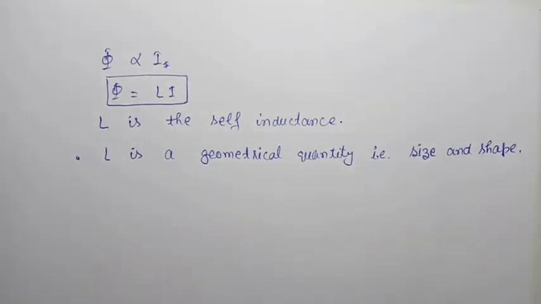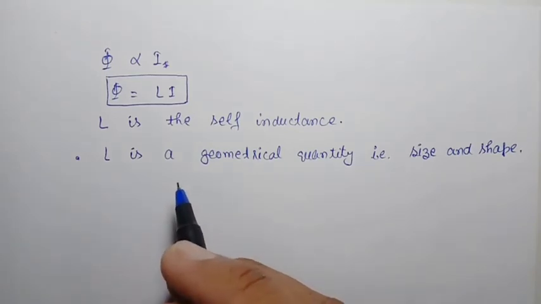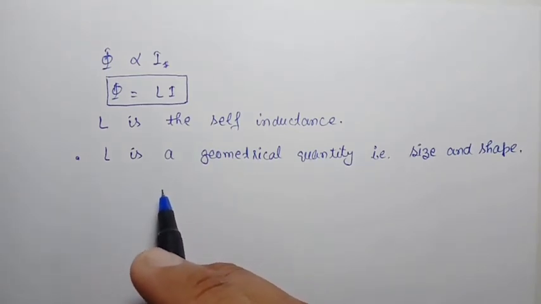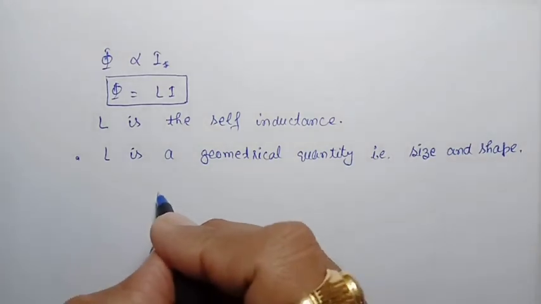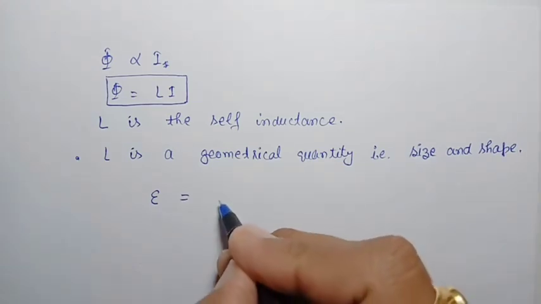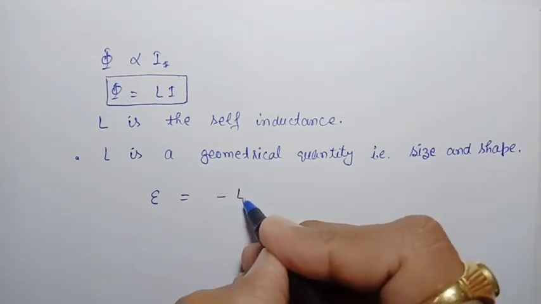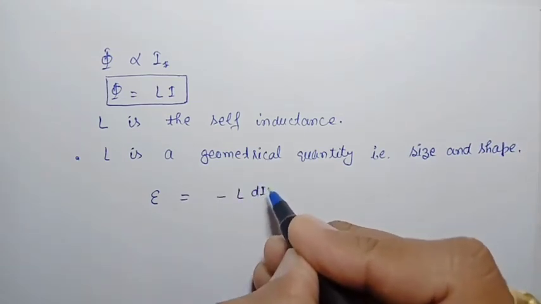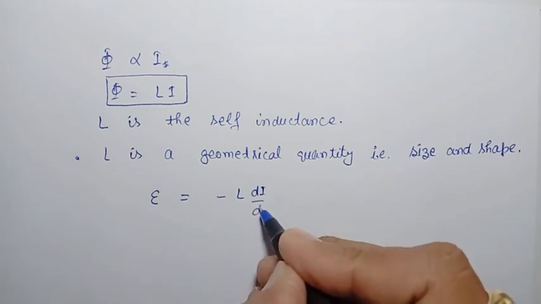Okay, so here again if we change the current, then the induced EMF is equal to minus L dI over dt.